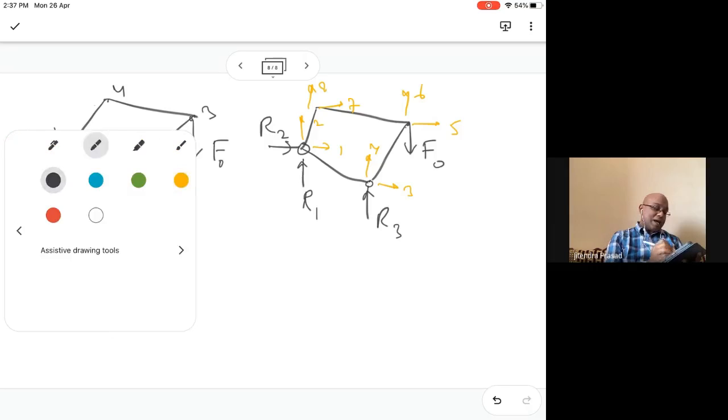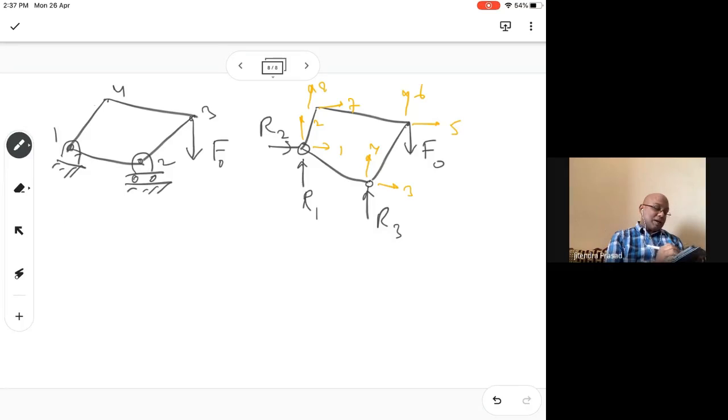Accordingly, if there is no traction given and we only have a concentrated load at a node, which is the easiest case, we can simply write the force vector F. We start here: this is 1, 2.